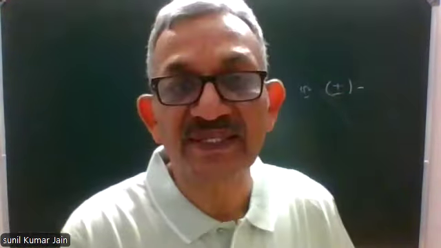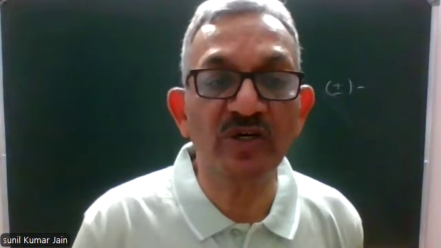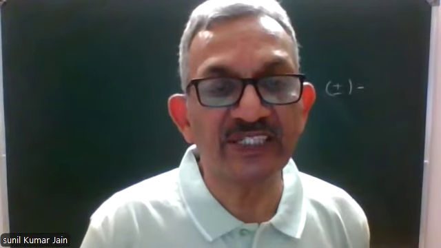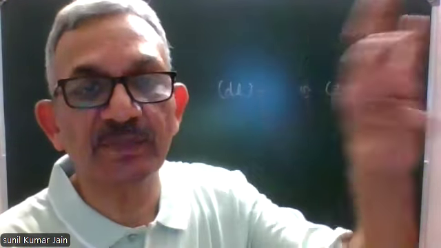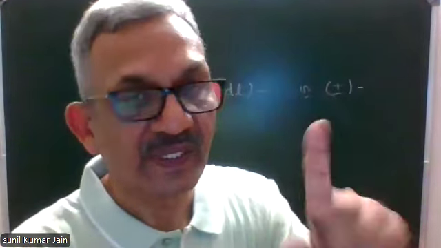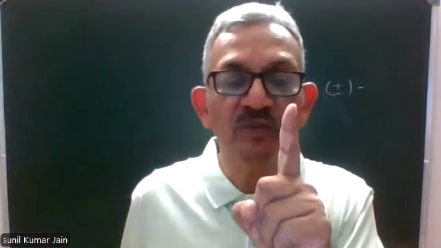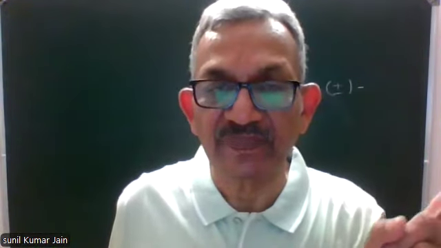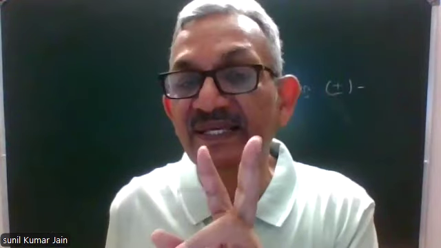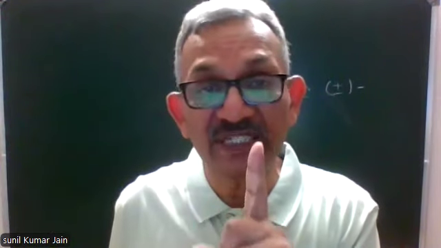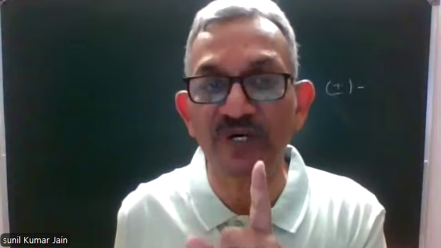Now, the next topic in this category is retention of configuration. Retention of configuration means the configuration of the reactant and the product formed is the same. In SN2, there is inversion. In SN1, there is racemization. Retention has not come so far.